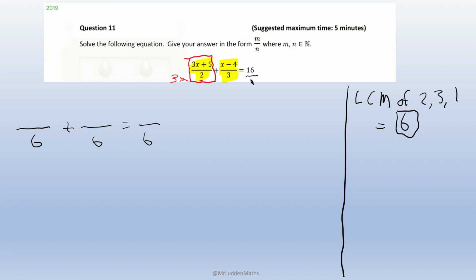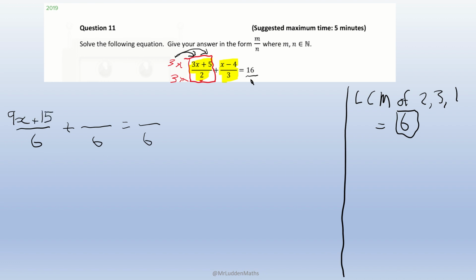Now I've got to do the same up on top to keep it equivalent, so I'm going to multiply by 3 as well. Because I might run out of room, I'm going to multiply my 3x plus 5 by 3 and put my answer just above the 6 of my first fraction. 3 times 3x gives me 9x, and 3 times 5 gives me 15.